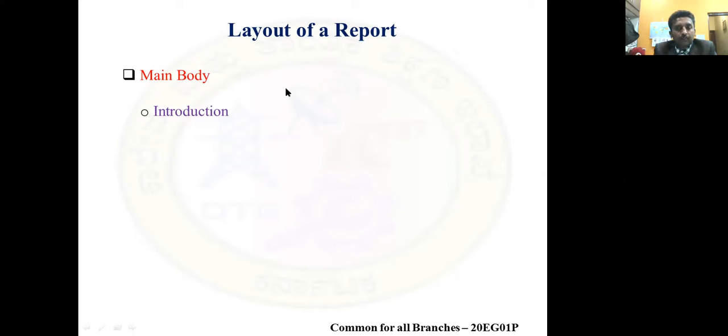It consists of background of the study, provides brief information about the problem statement. It gives information about project objectives, project scopes, and also project significance.